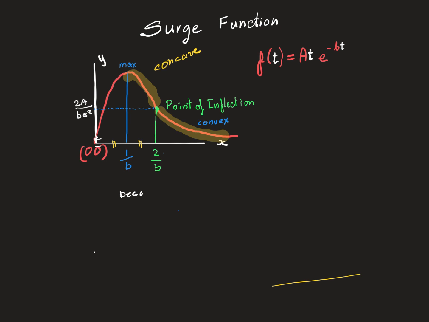Because if you're looking at this particular function, a t e to the minus bt, and if you substitute this t here for 0, you get a times 0, e to the minus b times 0, and that gives you 0. So the input is 0, the output is 0.